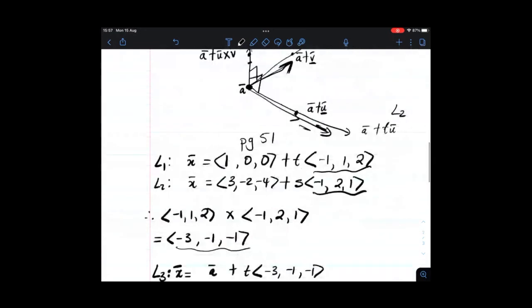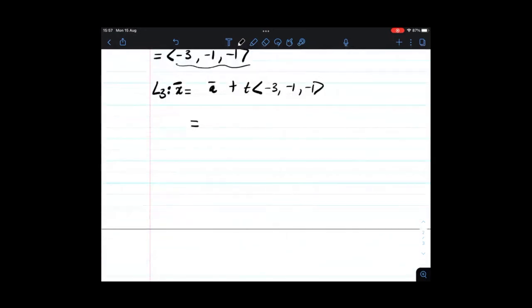It's (3, -2, -4), so I can write it as (3, -2, -4) plus t times (-3, -1, -1). And that will be an equation of line L3.